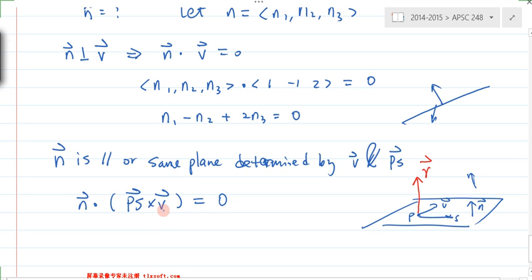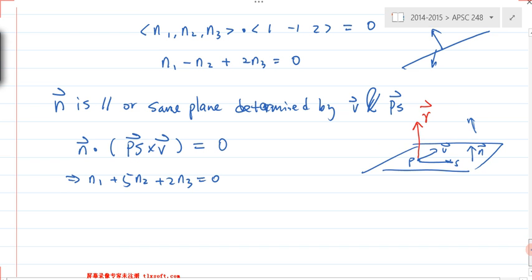PS cross V, we actually found out already in the second method. Then you do the dot product. So that means we end up with another equation here. I will just write it down: n1 plus 5n2 plus 2n3 equal to 0.